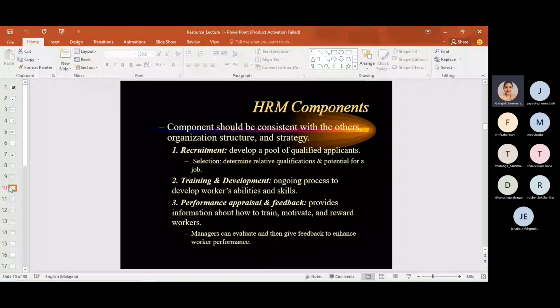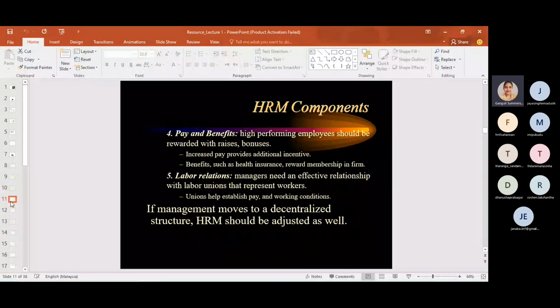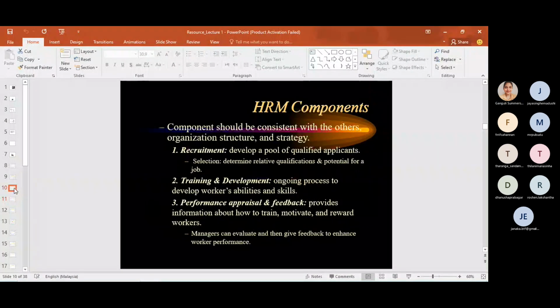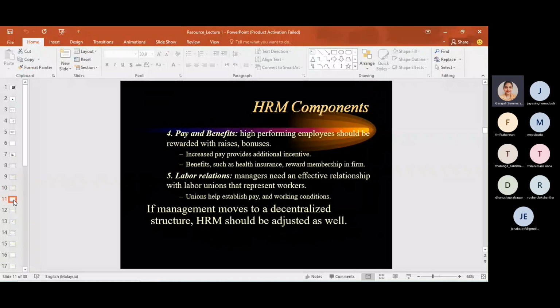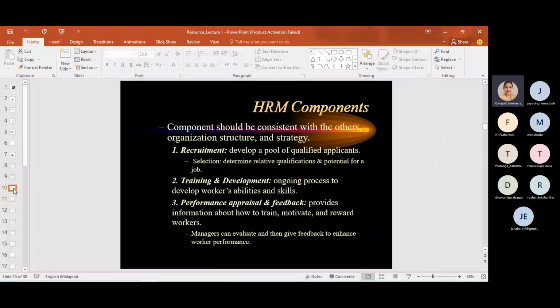So we have 5 HRM components: recruitment, training and development, performance appraisal and feedback, pay and benefits, labor relations. Let me briefly describe each component.